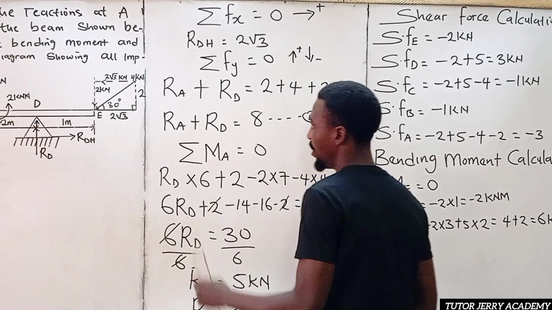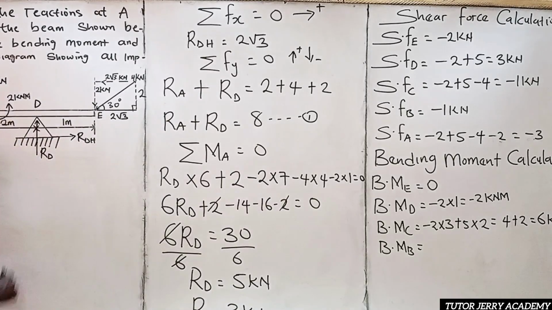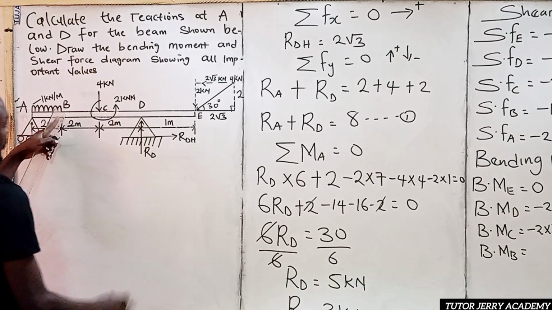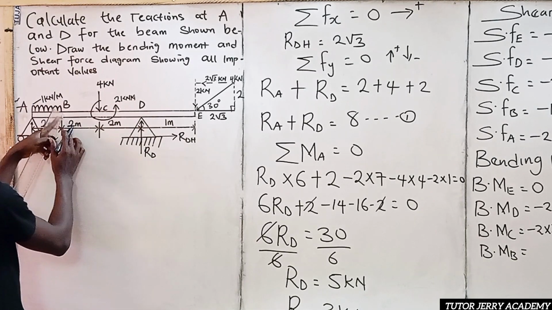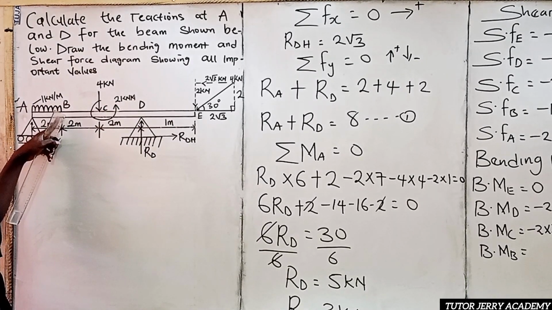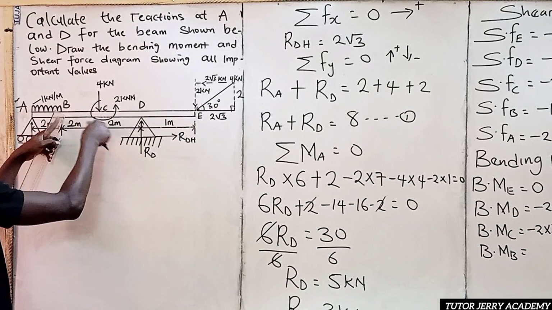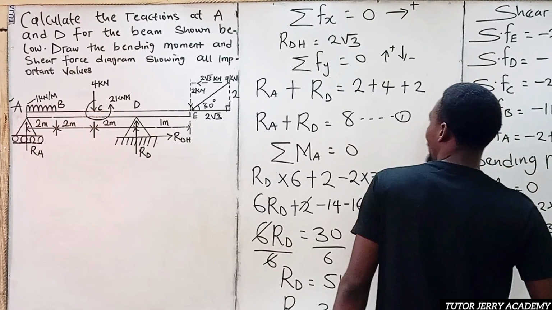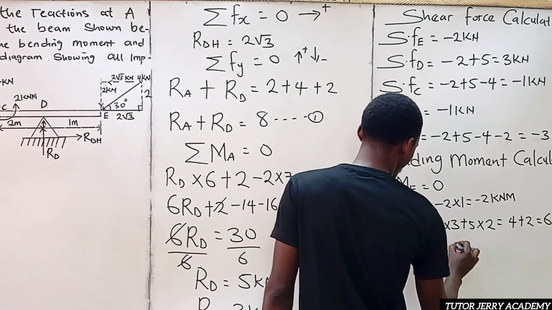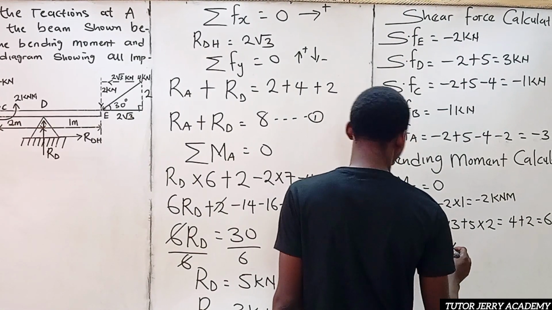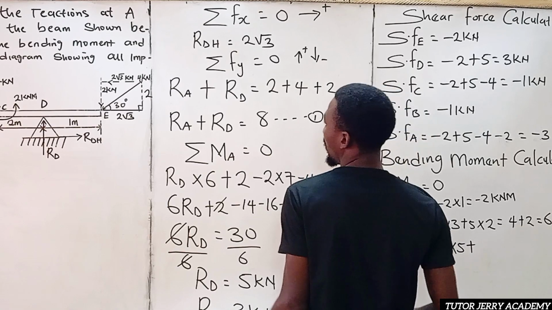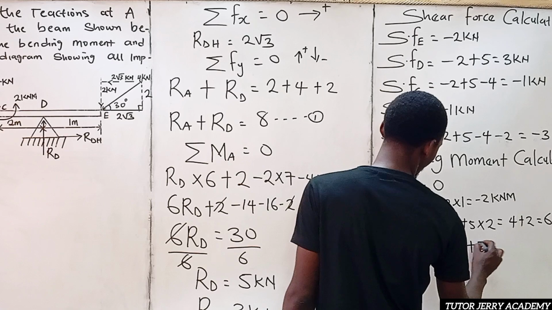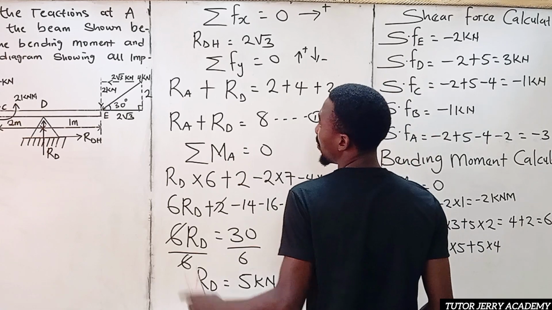Alright, if you stand at point B, we are going to have -2 multiplied by total distance, which is 5. So plus R_D multiplied by total distance, which is 4. And we are now going to add this moment again. So let's do that. We are going to have -2 multiplied by 5, right? Plus R_D. Our R_D is 5 times 4, right?